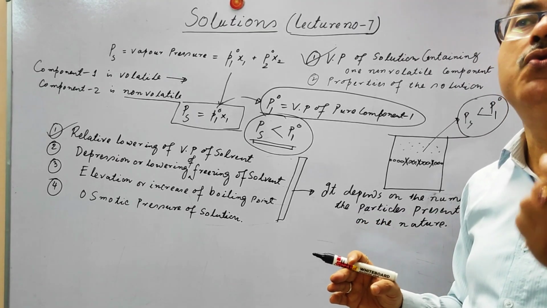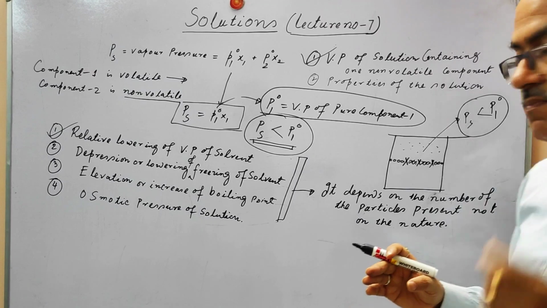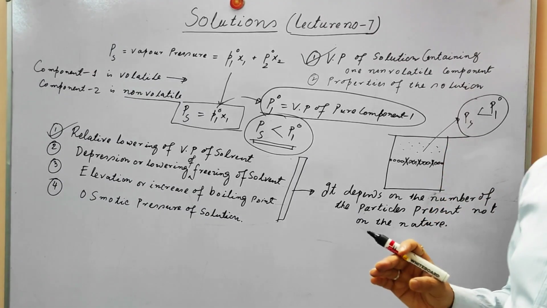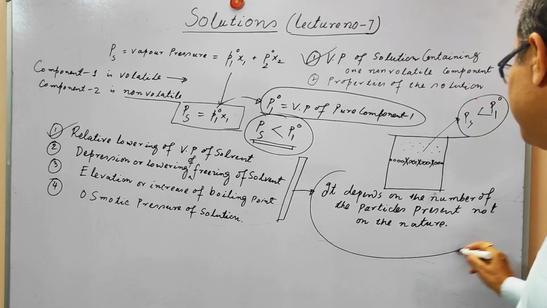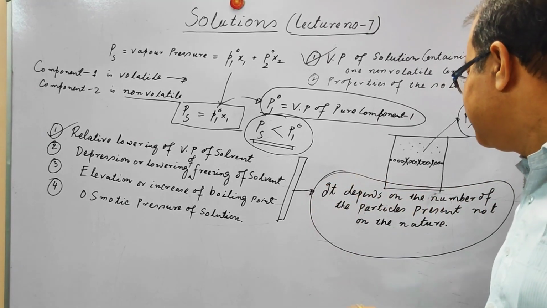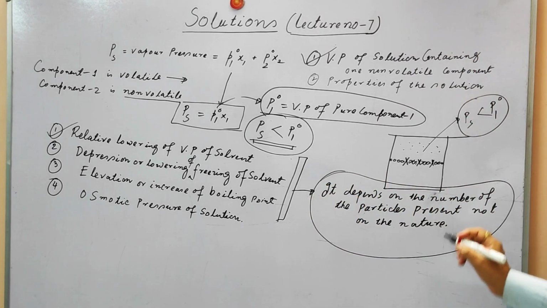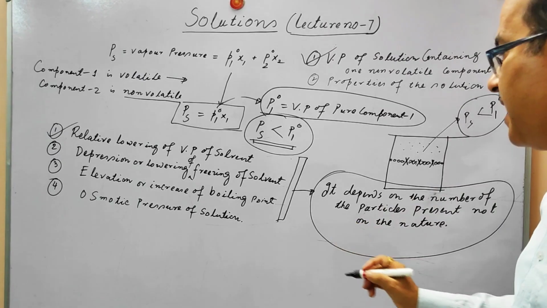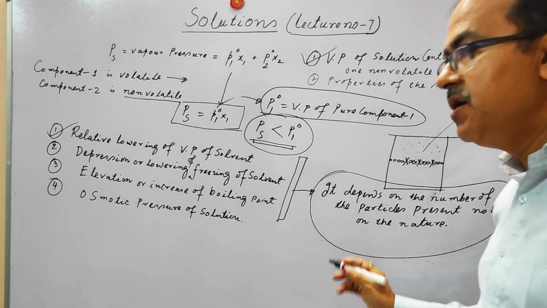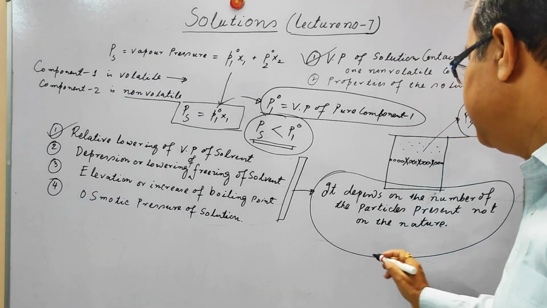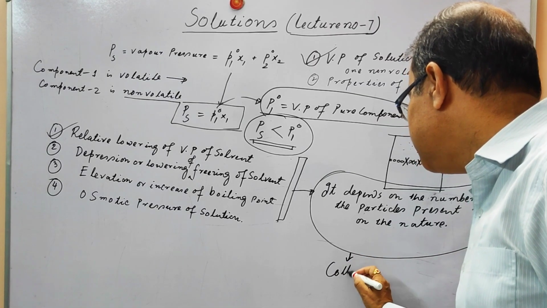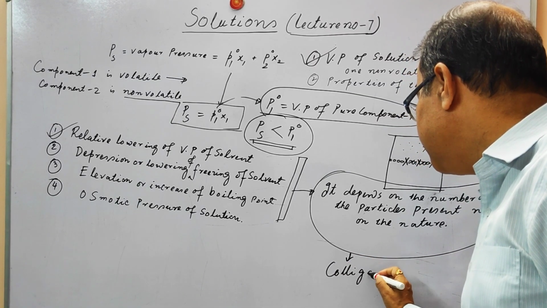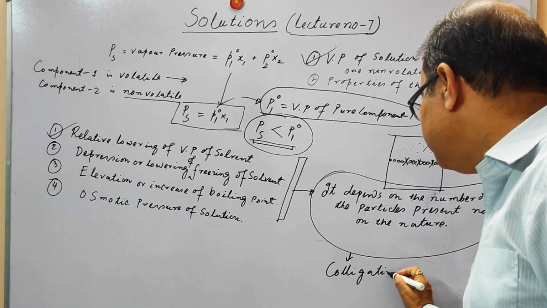In 1 mole, we know the number of particles will be the same, so it will be affected equally. So it depends on the number of particles present, not on the nature, and this is called a colligative property.